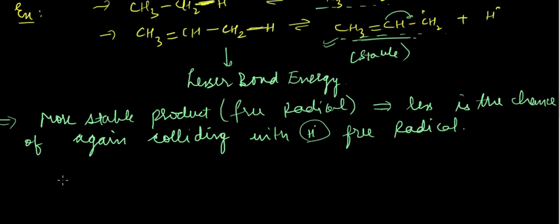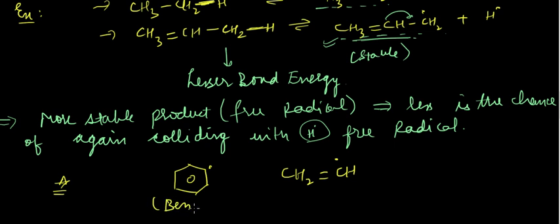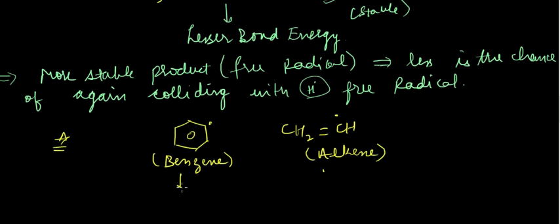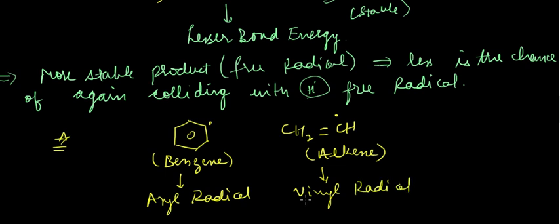So I'll give you two free radicals which are highly unstable. One of them is a free radical on a benzene ring and the other is a free radical on an alkene. We call them aryl radical formation and vinyl radical formation. So if these two are formed in any reaction, then these are highly unstable.